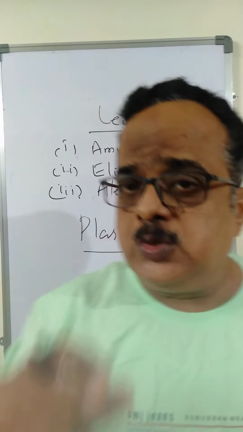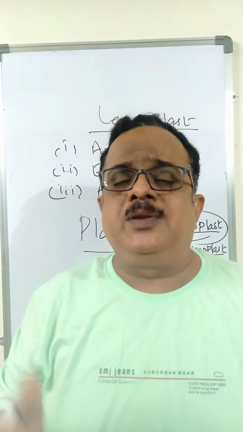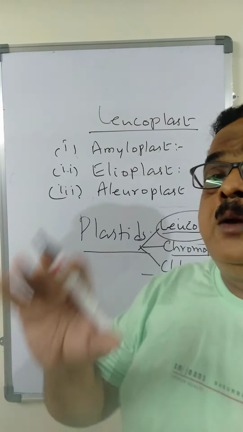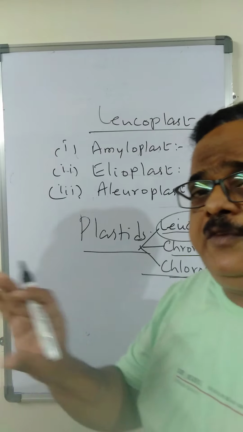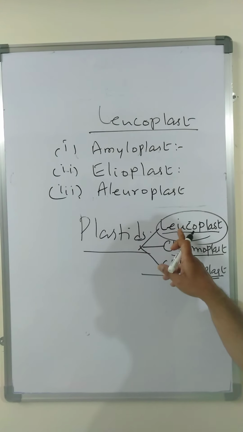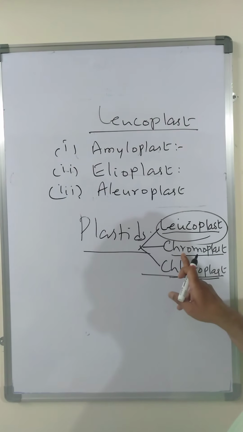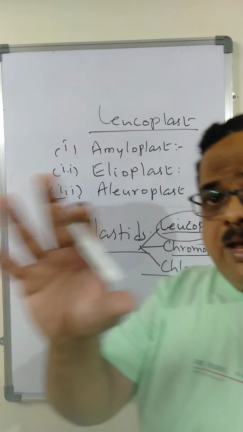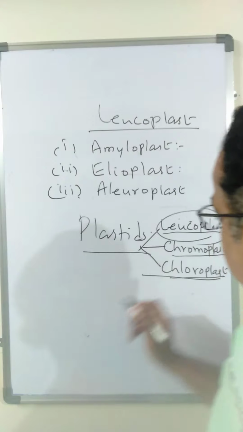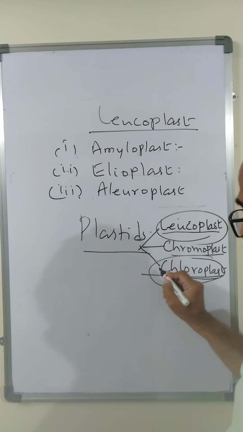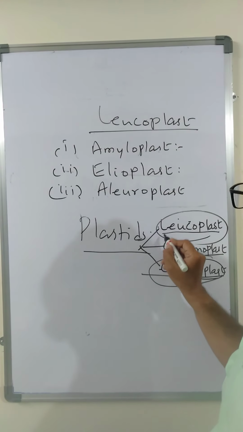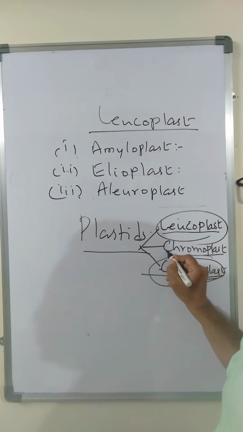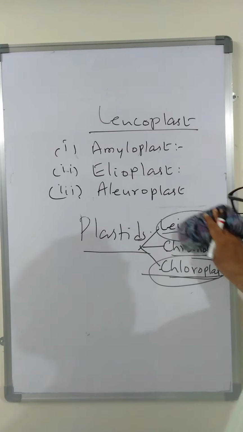Just listen once again, I am repeating. Plastids are basically divided into three types: leucoplast, chromoplast and chloroplast. Our main target is the cell organelle chloroplast, but before that we should know what leucoplast and chromoplast are.